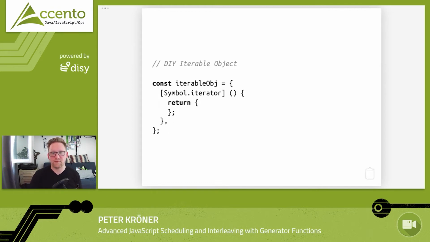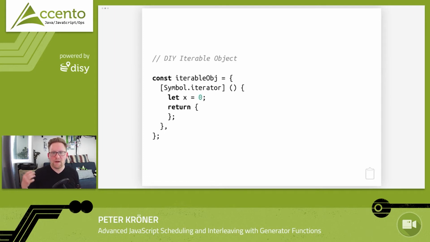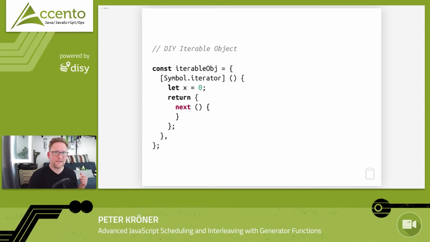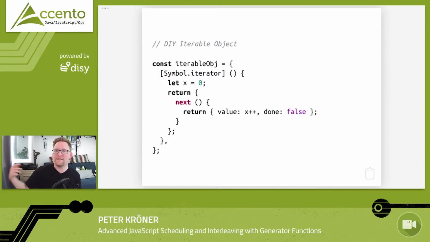This method must return an object, and inside this method we can keep any state that we need for our iteration. In this case, we are going to iterate over a bunch of numbers, so let's keep numbers in the scope. Now comes the important bit. The object that we return from Symbol.iterator implements a method called next, and next always returns objects. The objects returned by next always have two fields, value and done.